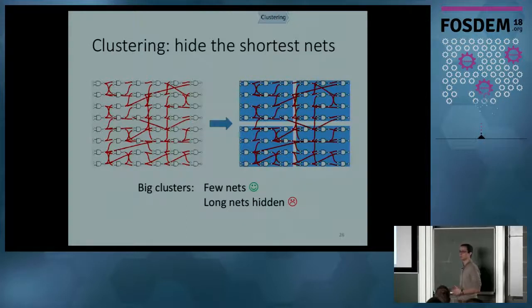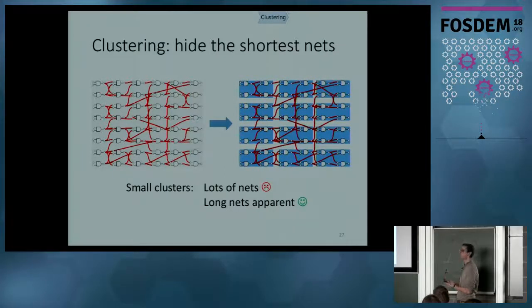Aside from the clustering method, is to choose the clustering grain, that is the amount of clusters you want in the design. In this case, for example, just have 4 clusters, so we have very few nets, that's great, but the problem is that some longer wires are still hidden inside the cluster, and that's not great. On the other end of the spectrum, you could have a lot of clusters, very small clusters, and this time, that's great, all the longer wires are outside the cluster, you can cut them, you can work on them and improve the system.